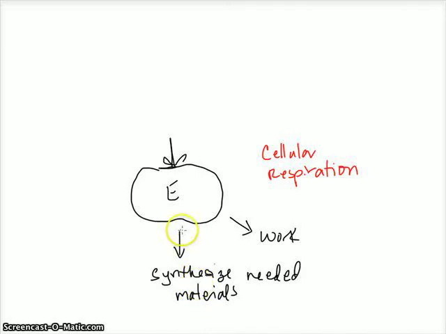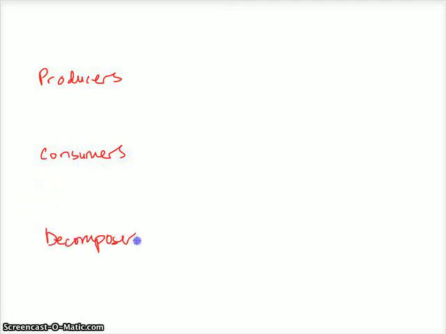Like all individual organisms, ecosystems also depend on a continuous input of energy. A self-sufficient ecosystem contains three types of organisms: producers, consumers, and decomposers. Producers are also known as autotrophs.